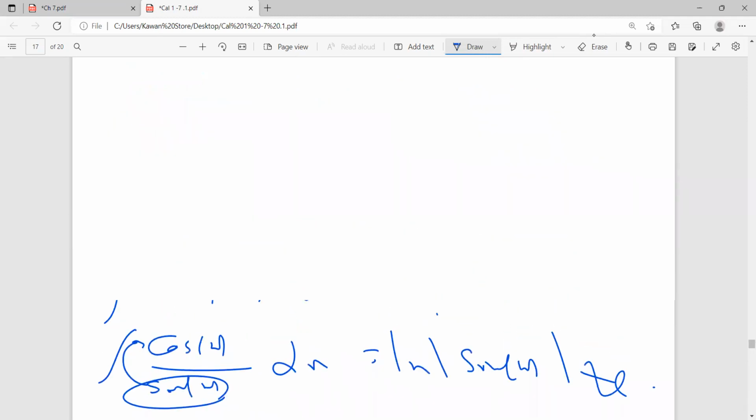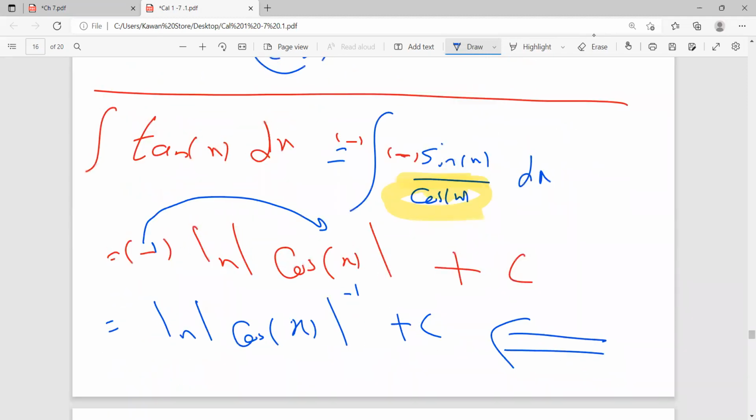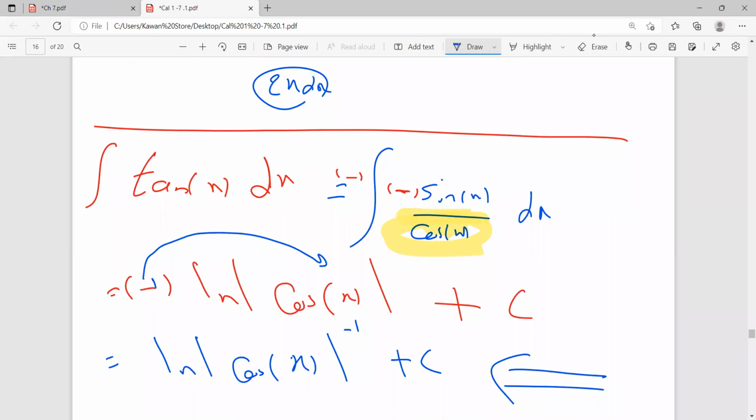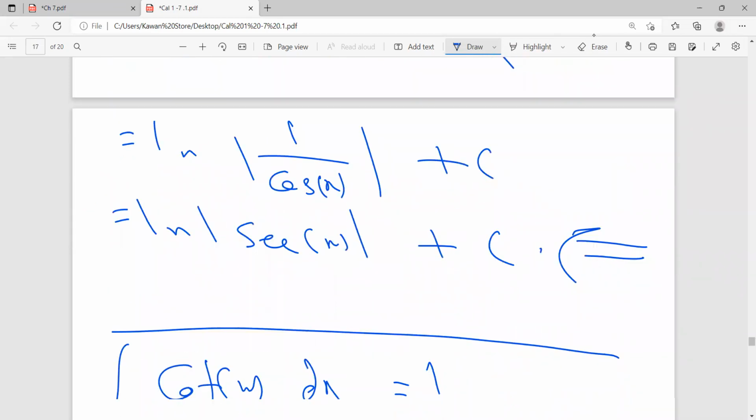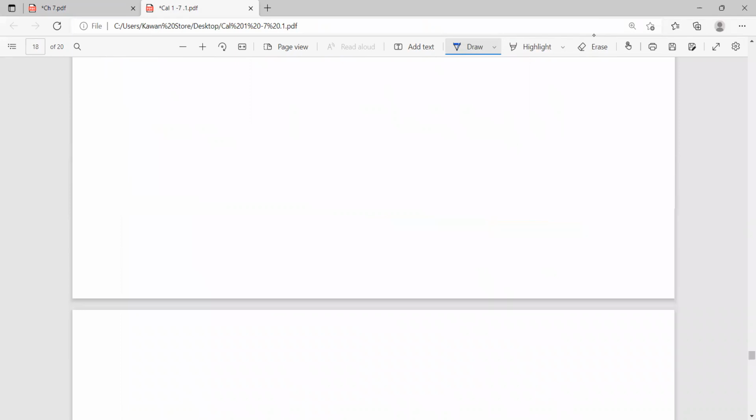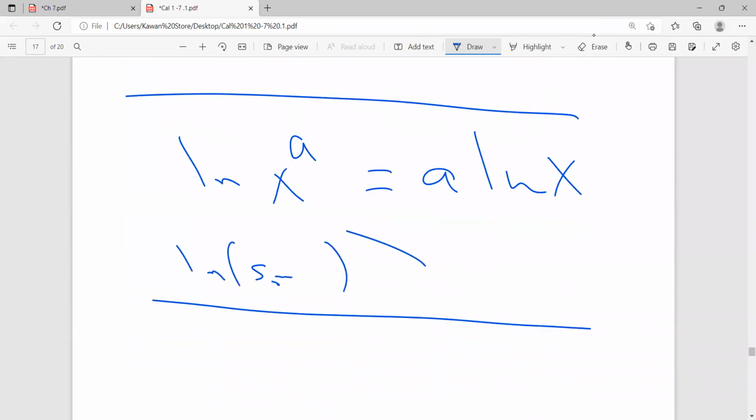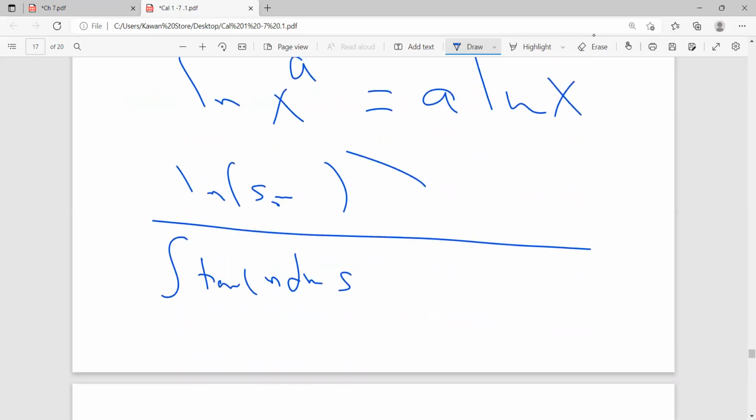Which one? That one? Okay. Tan is equal to sine over cosine, right? We have the integral of tan of x dx. We are stuck, we couldn't do anything, because it's not direct. So we should do something: multiply something, separate them. I'm going to separate them. I say tan is equal to sine over cosine dx, right?